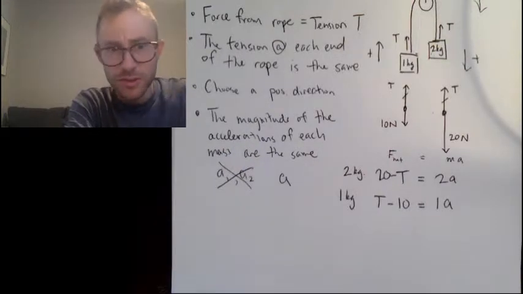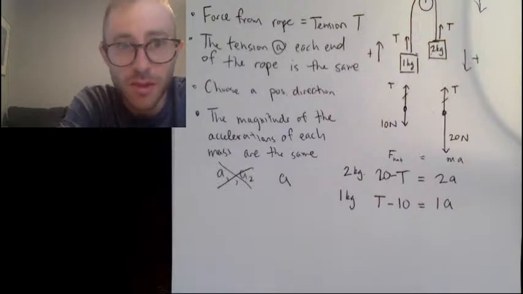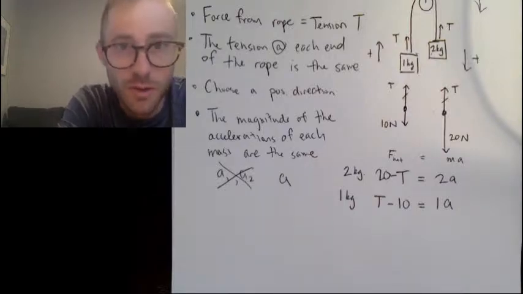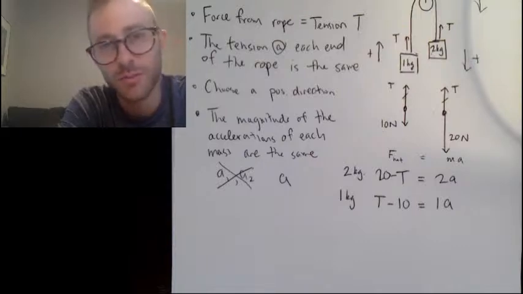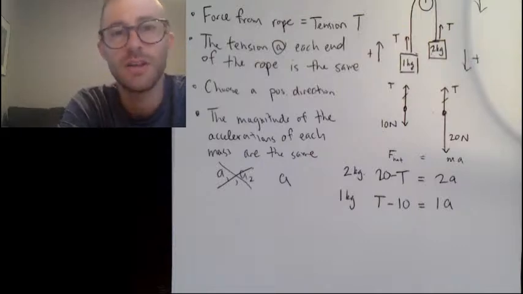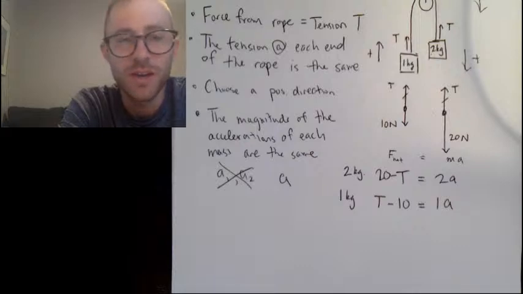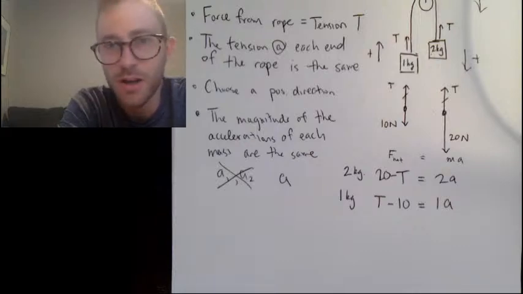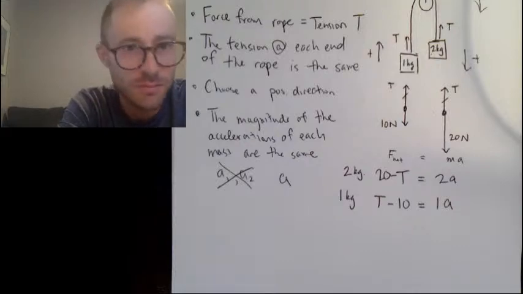So this is an example of what in your math class you would call a system of equations, where you could have an equation like 2x plus 3y equals 7 and negative x plus 5y equals 0. Something like that.